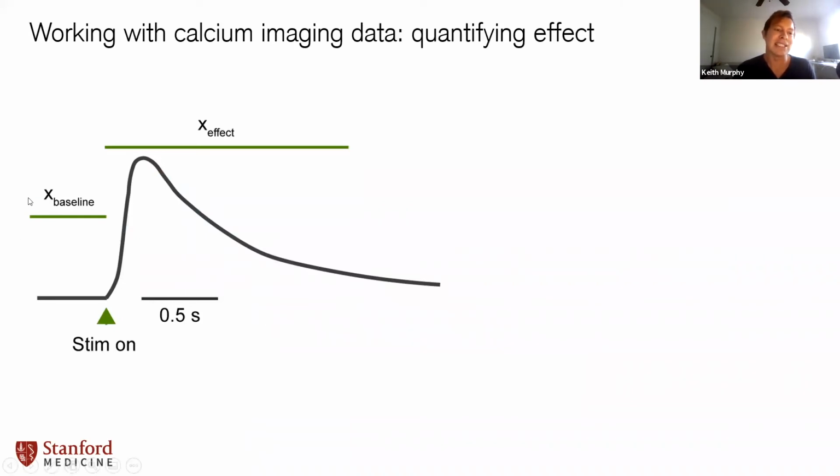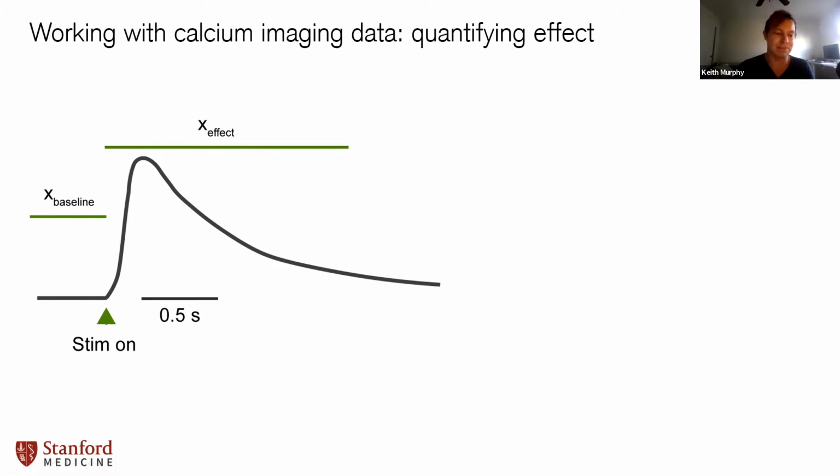The running idea is that you have some sort of a baseline period. During your baseline period, the neurons can be active. They're going to look like whatever the animal is doing at that time. The idea, though, is to provide some sort of stimulus and to quantify how much your effect period is changing relative to the baseline.